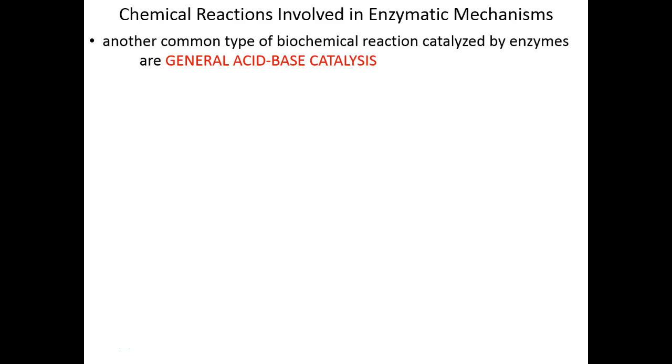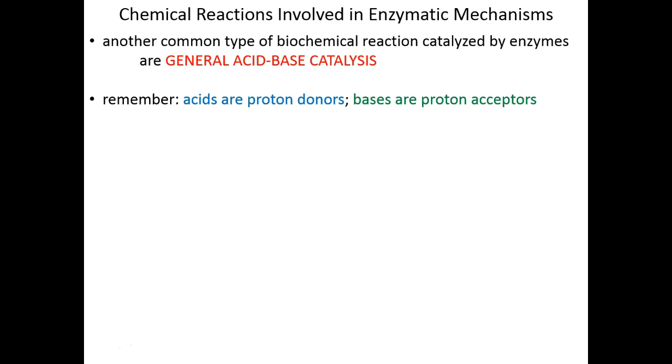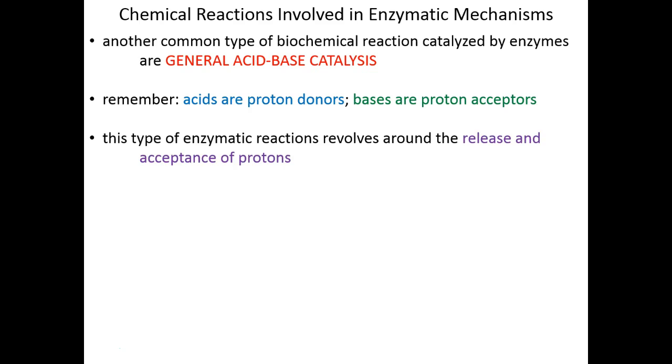Another common biochemical reaction that we typically see in enzymes is what's referred to as general acid-base catalysis. Remember, acids are proton donors and bases are proton acceptors, and in acid-base catalysis we see the donation and acceptance of protons. So these types of enzymatic reactions revolve around the release and acceptance of protons.